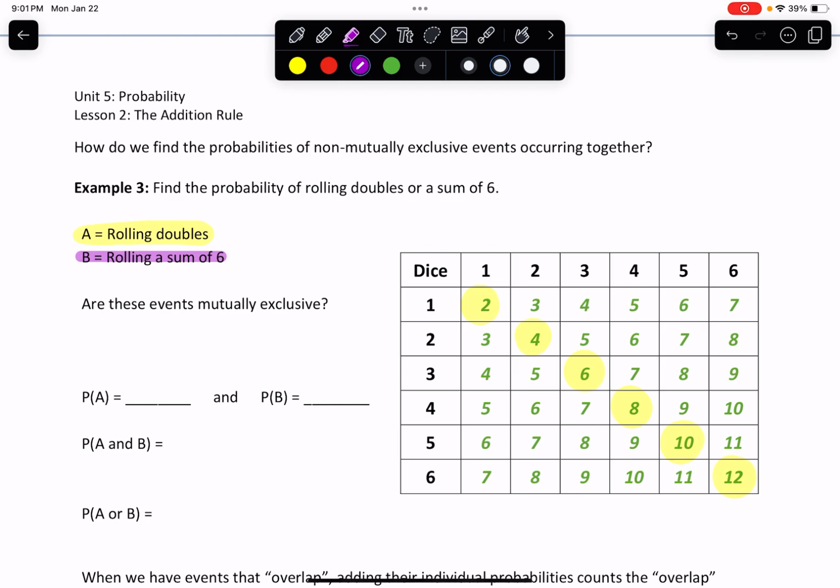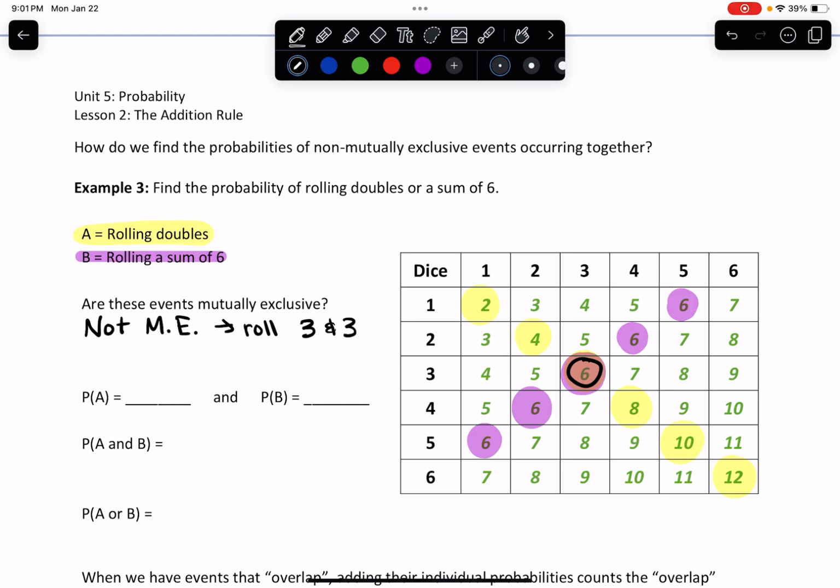And there is an overlap here, because we could roll a sum of 6, and that falls within our overlap. There are other ways to roll a sum of 6, but we do have the one event of overlap. So these are not mutually exclusive, because we can roll 3 and 3.